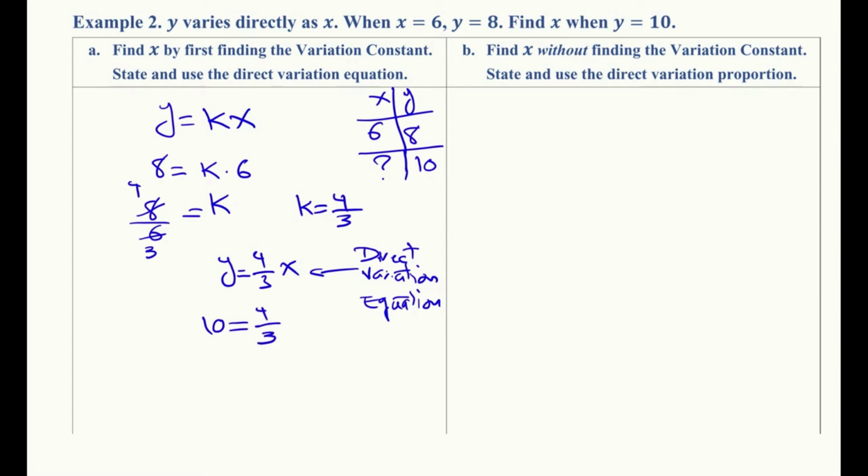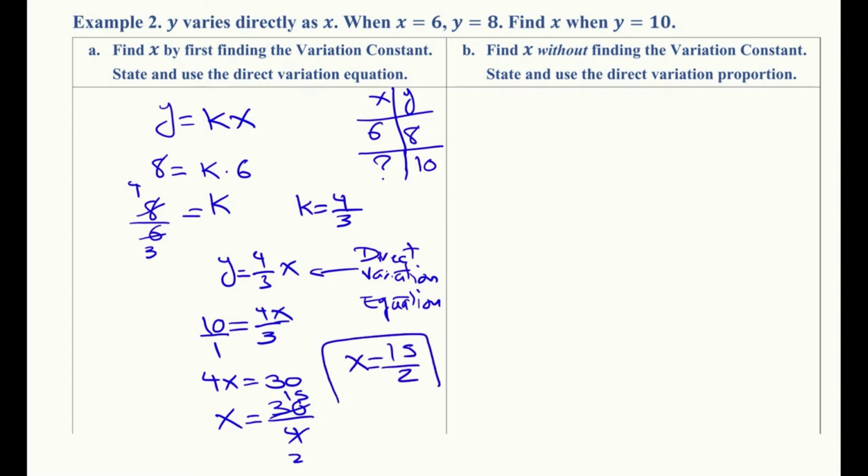I can write it as 4x over 3, and throw a 1 down here too, and then I recognize a proportion that I can cross multiply with. So I get 4x equals 30, so x equals 30 over 4. 2 goes into 30 15 times, into 4 2 times, so we have x equals 15 over 2. And that's the x value when y is 10.